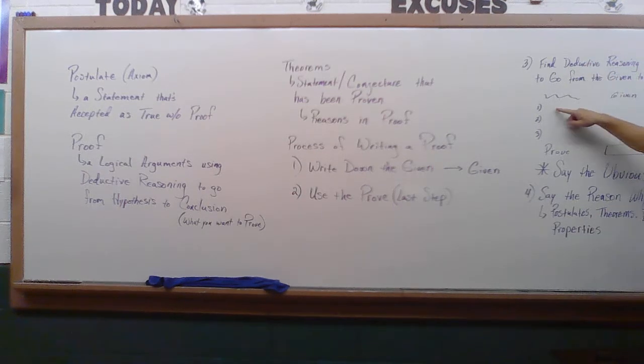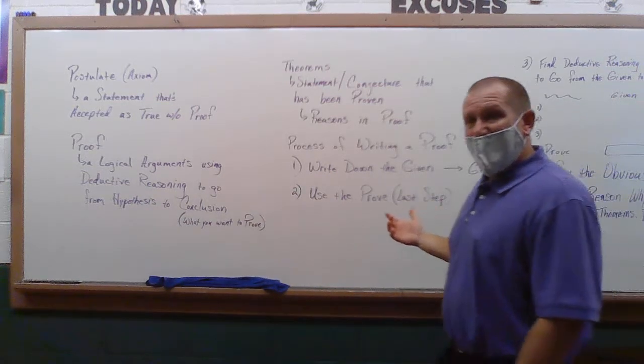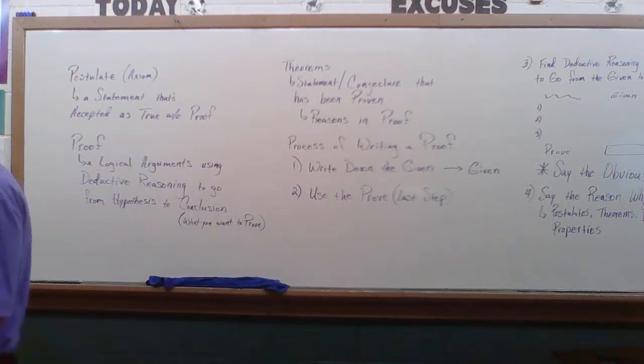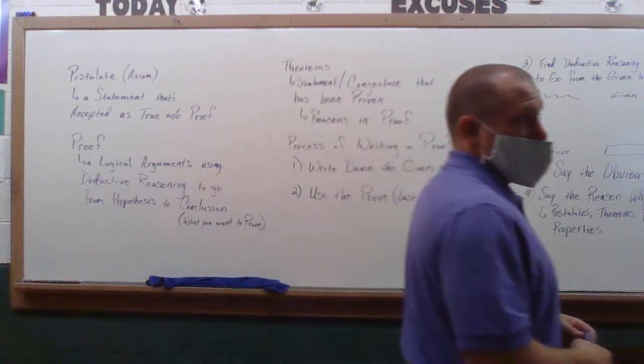So number 3 would be the statement. Number 4 would be the reason why. Okay? And that's one of these. So I would say angle R is 90 degrees. Again, I know that because the box is in there. My reason why is definition of a right angle. And that's all I would say. Okay?